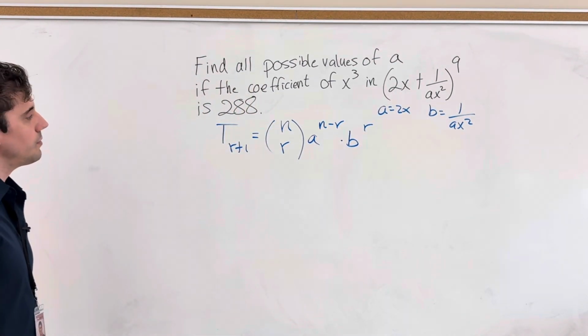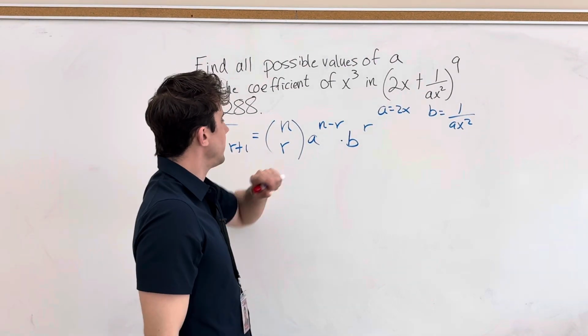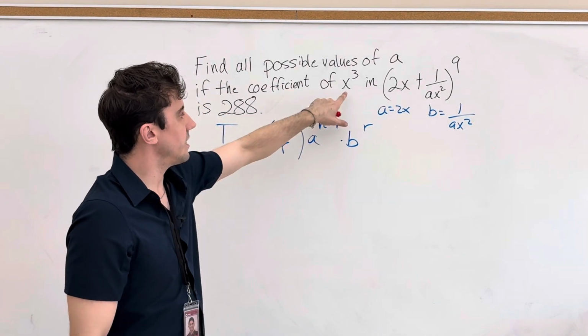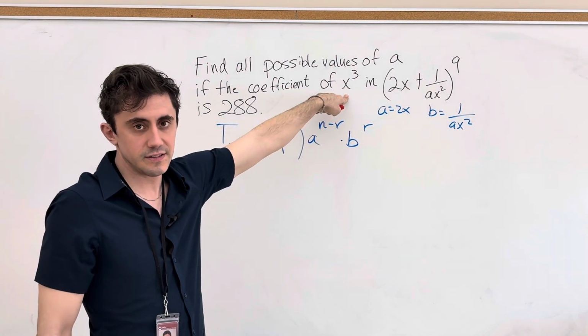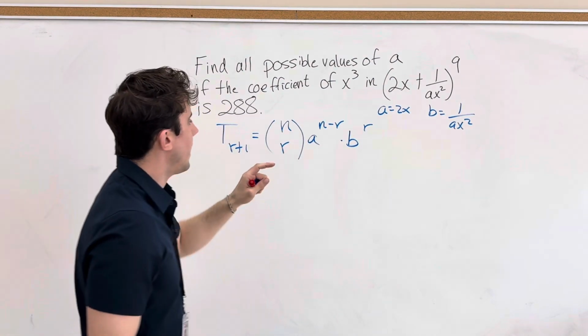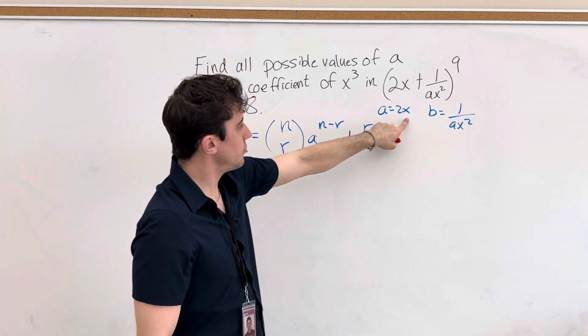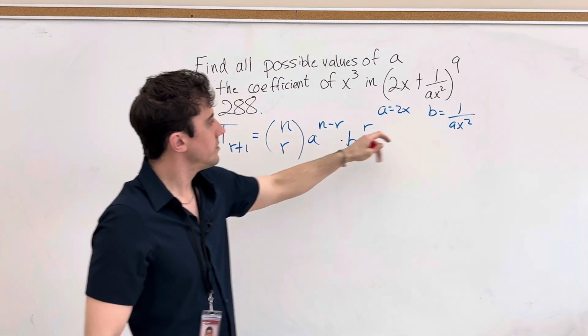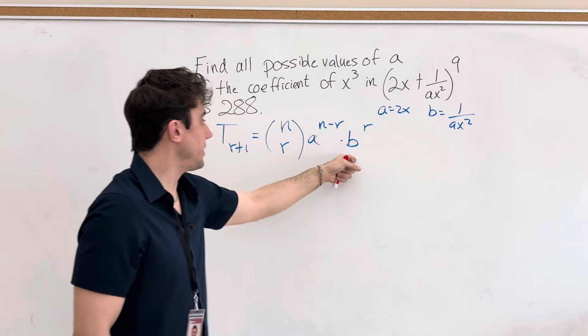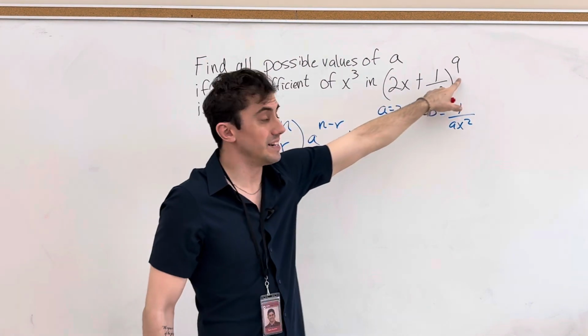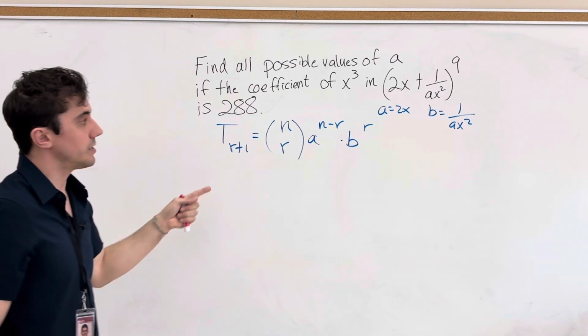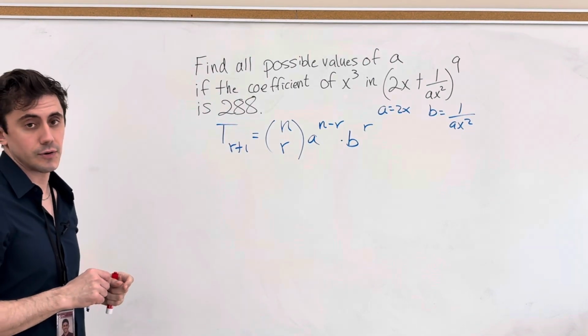So if we want the term in that binomial expansion that will have an x cubed in it, then we can look at plugging in 2x for a, 1 over ax squared for b, n for us will be 9, and then we can play around with the rest of it, okay?